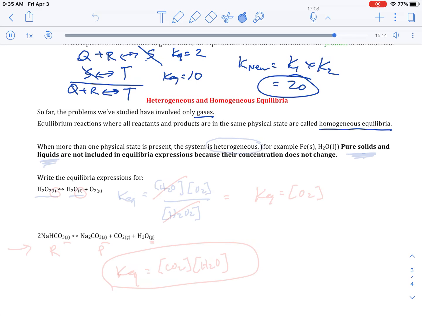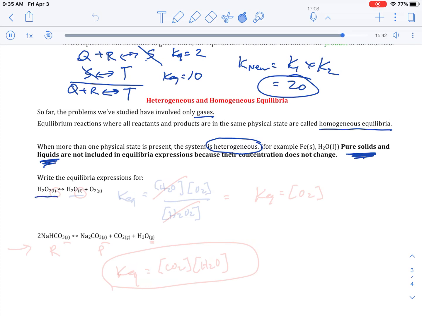And if you have different states, then that's what we call a heterogeneous equilibria. So in a situation of a heterogeneous equilibria, any pure solids and liquids are not included in your equilibrium expressions. And the reason for that is that concentrations do not change for condensed states. Solids and liquids are condensed states. So look in here.